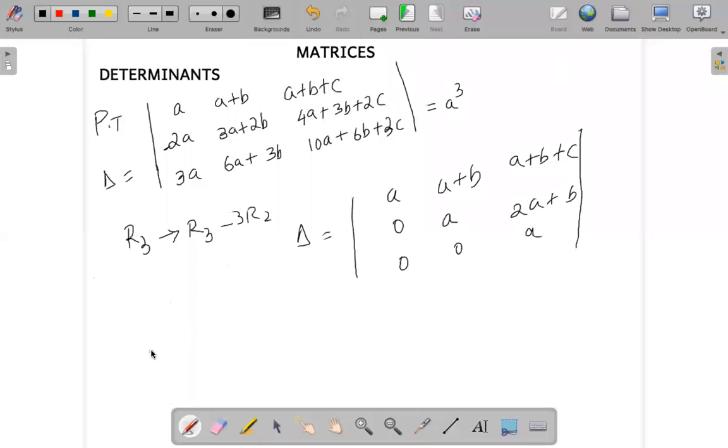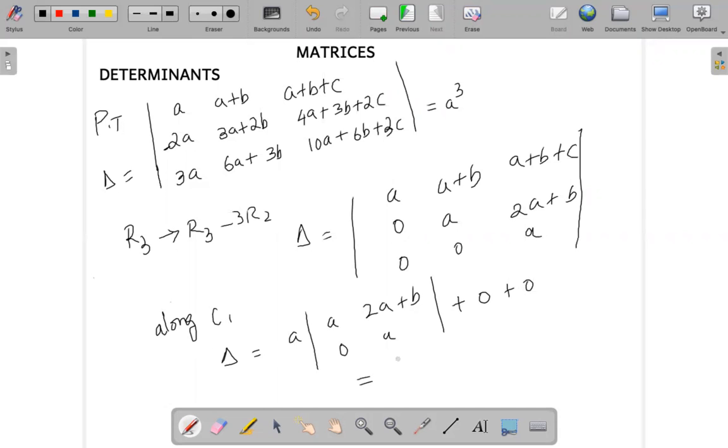Expanding along C1, we get delta, which is a. This will be a, 2a plus b, 0, and the rest is 0.